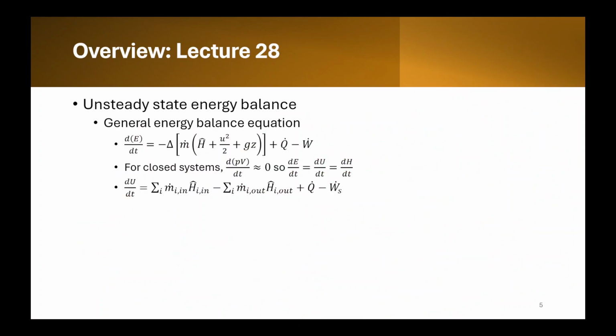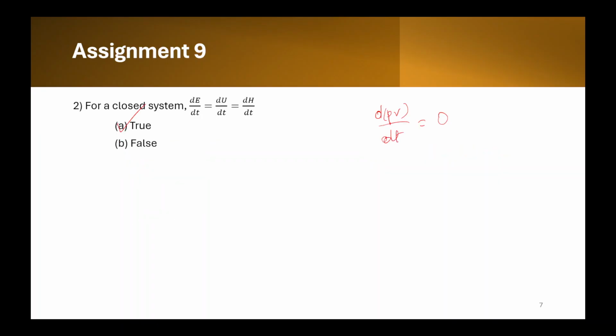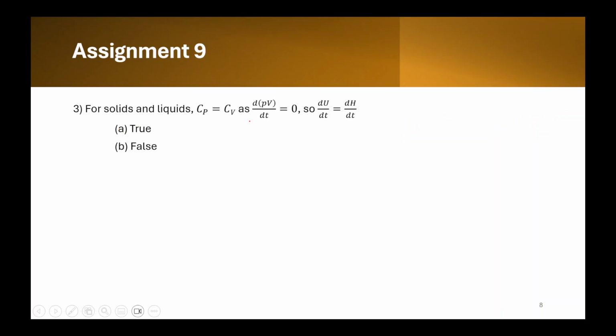H is equal to U plus PV. If you take the differential, dP by dt is 0, so we get dU only. So we can write this here as well. So this is a true statement.